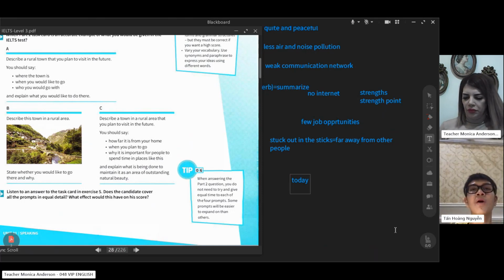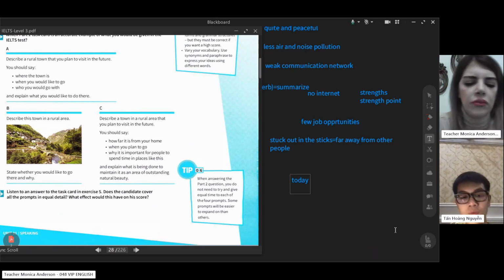And I will go with my parents. Absolutely, because now I am just a student, so I can't afford to pay to visit Sapa. But if I have a chance, I would go with my friends, and we can cheer up together and not be prohibited by anyone, and we can do what we want to do.